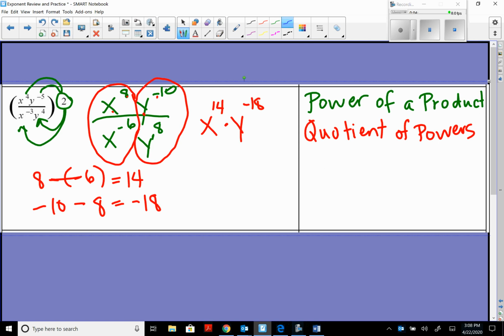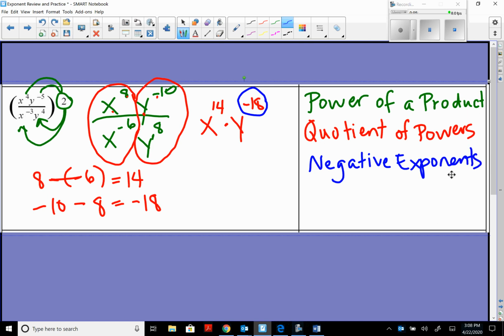So now, looking at what I have left, I'm almost finished, but I'm not allowed to leave a final answer with a negative exponent. Because I have that negative exponent, I need to make sure it's positive. So I'm going to use the negative exponent property.